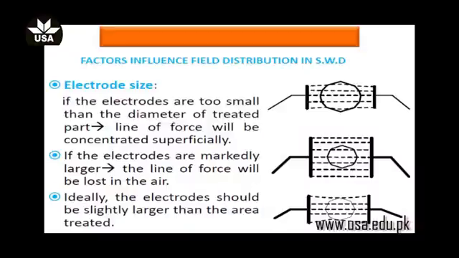If the electrodes are too small compared to the diameter of the treated part, the lines of force will concentrate superficially, as you can see over the first half of this picture. But if the electrodes are markedly larger, the lines of force will be lost in air and wasted. Ideally, the electrodes should be slightly larger than the body part so that they cover that area.